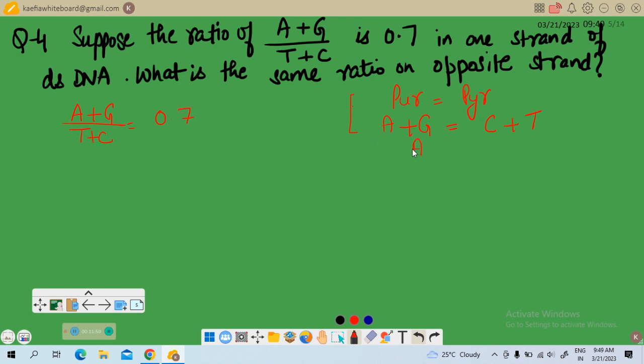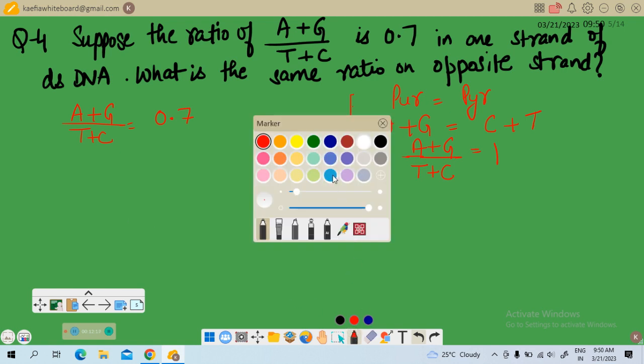So if I just take it in ratio form or according to the question, it will be like this: A plus G over T plus C is equal to 1. So this I've taken in ratio form, or 1, or you can say constant. So they are asking about complementary strand.